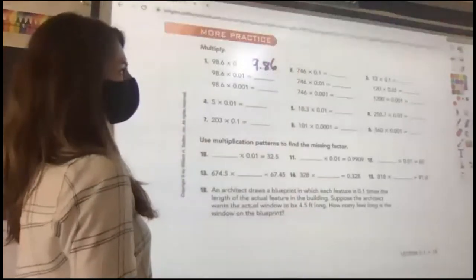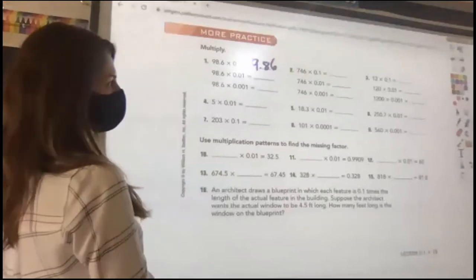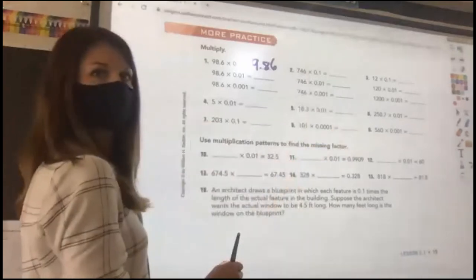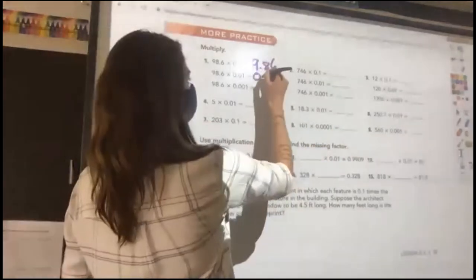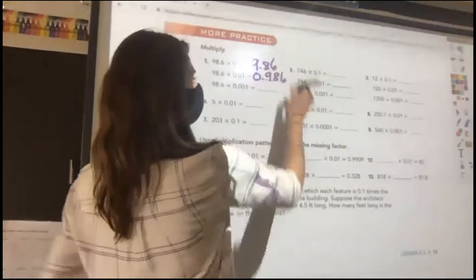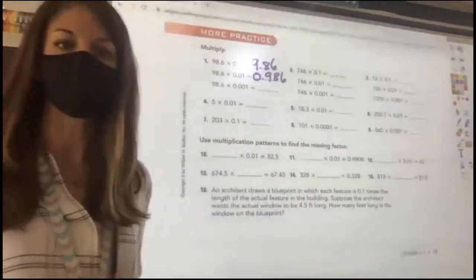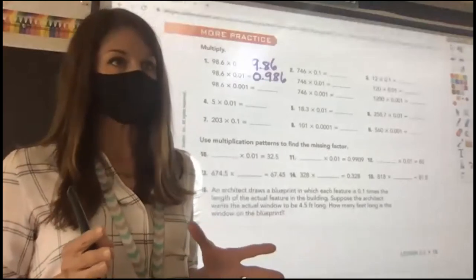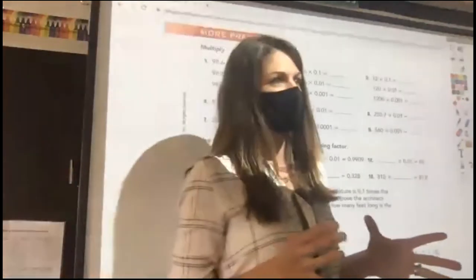All right, take the next place value. What does that 98.6 become after 2 hops? What does it become, Shane? 0.986. So the digits stay the same. The 9, the 8, the 6 still stay in their same arrangement. They just get slid down the line a little bit. Good?